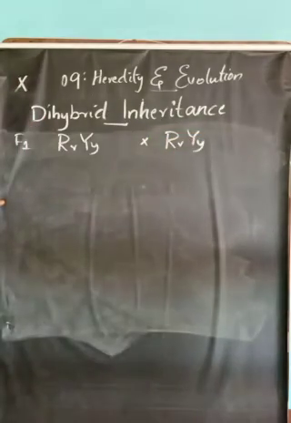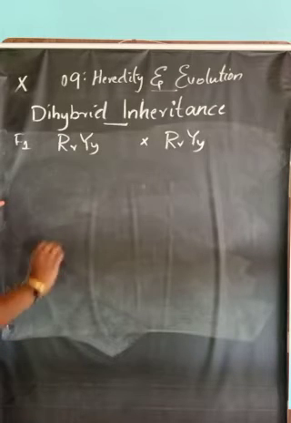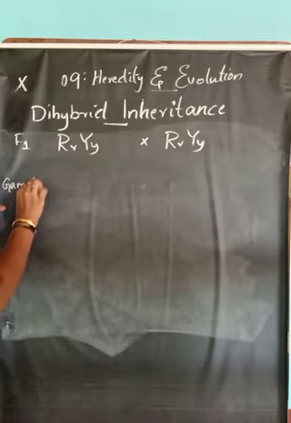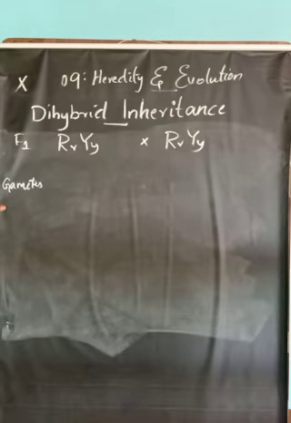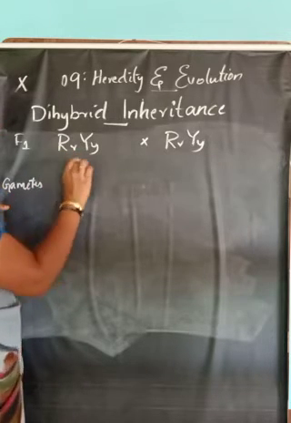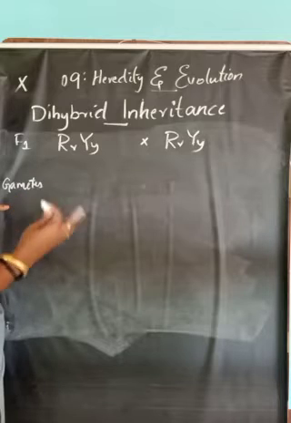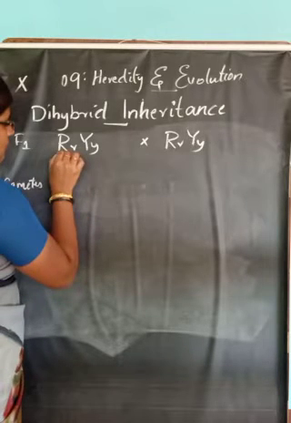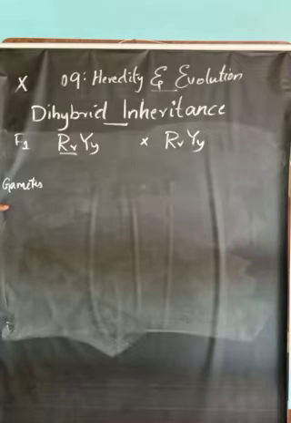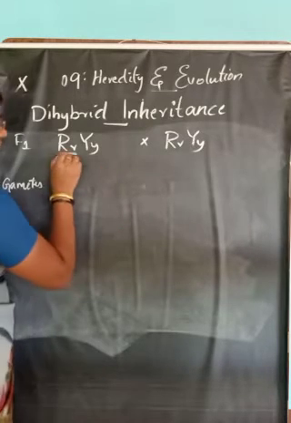Now you want to concentrate more. How do gametes produce from heterozygous round yellow? First, just listen. You can take any pair. I am going to take the allelic pair, that is, the shape of the seed, first.